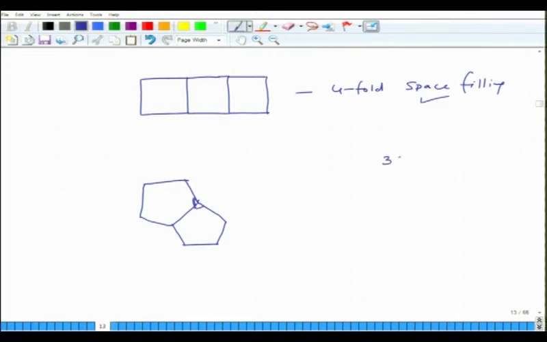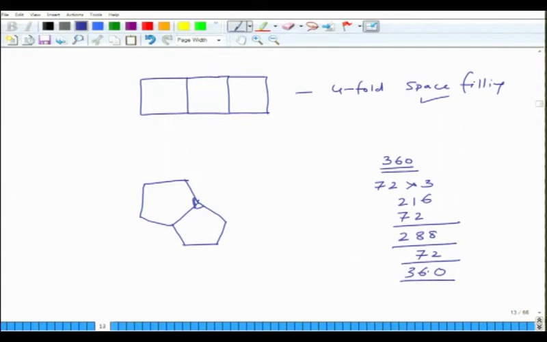So, it does not make a multiple of, so 72 into 3 will give you 216. If you add another 72 to it, it will give you 288. If you add another 72 to it, it will give you 360, but you can't have 5 pentagons sitting around a corner.